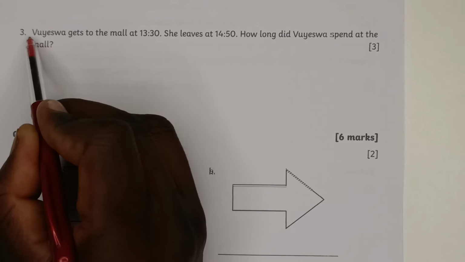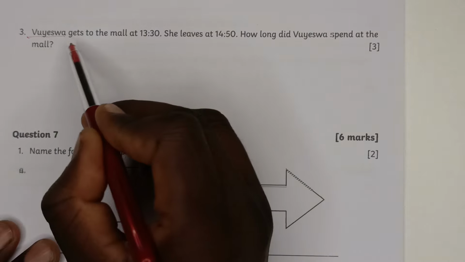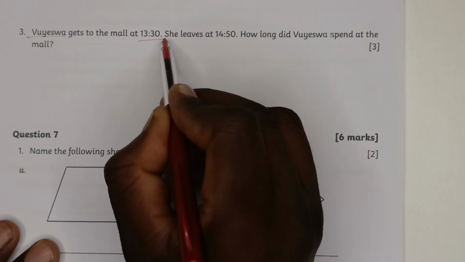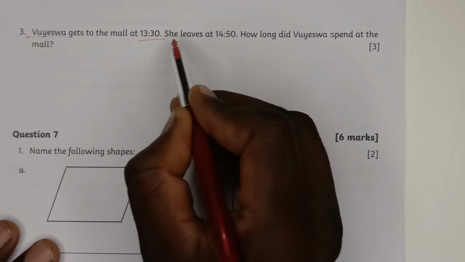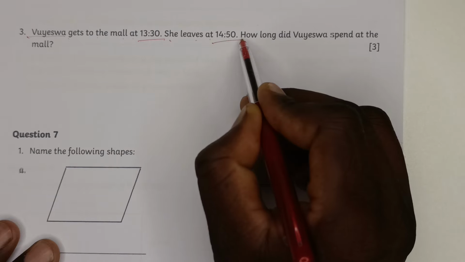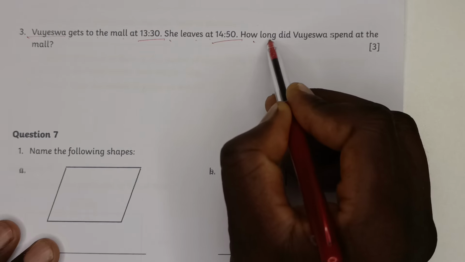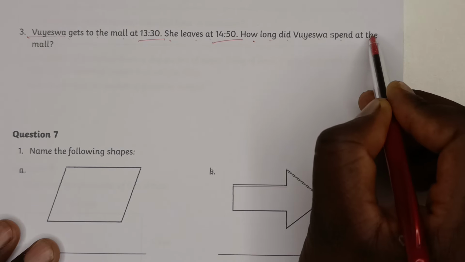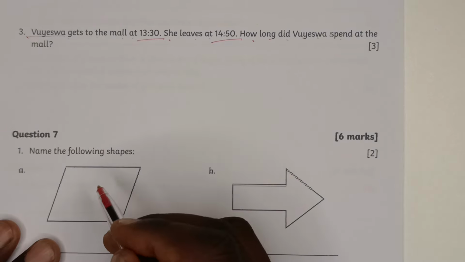3 says, Vuyiswa gets to the mall at 1:30. She leaves at 2:50. How long did Vuyiswa spend at the mall?